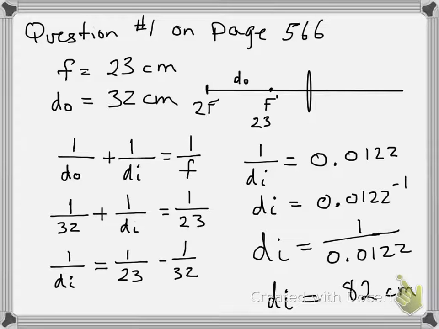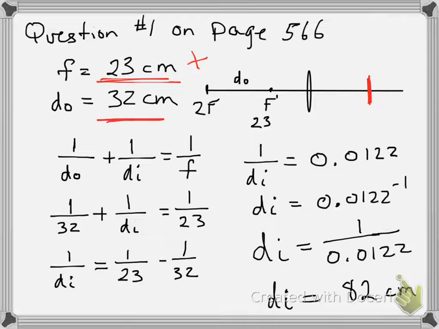So it tells you the focal length. It is a converging lens, so this is positive, right? Because converging lenses are positive, diverging lenses would be negative. The distance of the object is 32 centimeters, and it produces an image that is going to be on this side of the setup, which means it's going to be real.